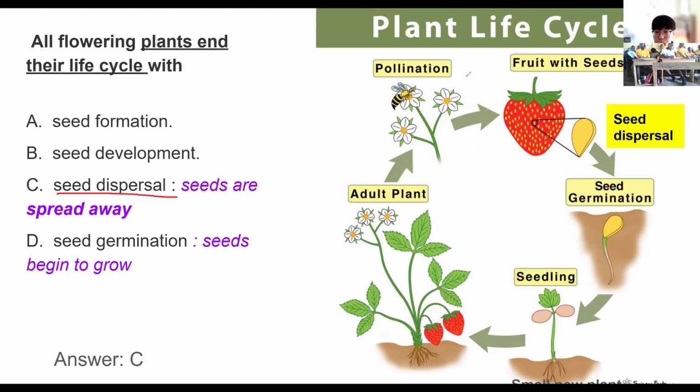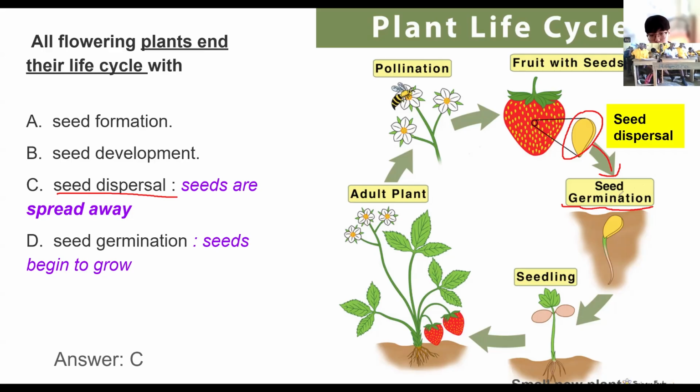So you can see in the plant life cycle that the cycle starts with the seed germination after the seed has been dispersed, right? So after the seed has been dispersed, it's spread away to a lot of different locations.